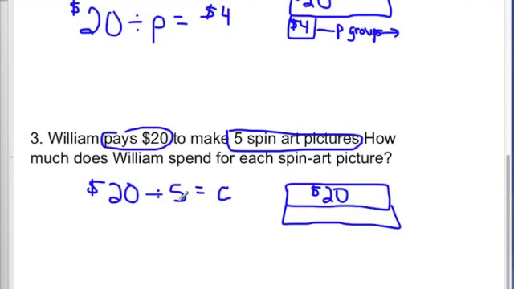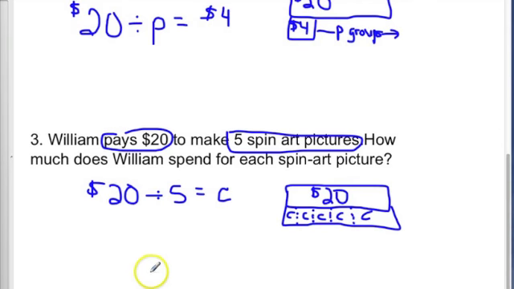So we are going to represent 5 by dividing this into 5 parts. And now what we don't know is the cost of each picture, how much money he's going to spend for each. So we are going to place our variable inside for the unknown. And we show that this is divided into 5 parts, 1, 2, 3, 4, and 5.